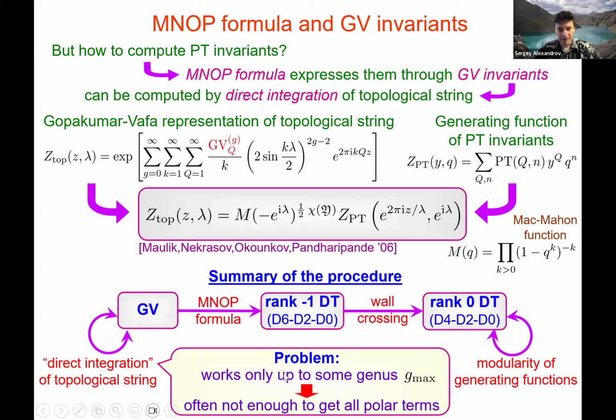And this is why this procedure is not universal. It cannot be applied to an arbitrary Calabi-Yau, or a D2D0 BPS index with arbitrary charge. Unfortunately not, because of this restriction on the maximal genus which we can compute.